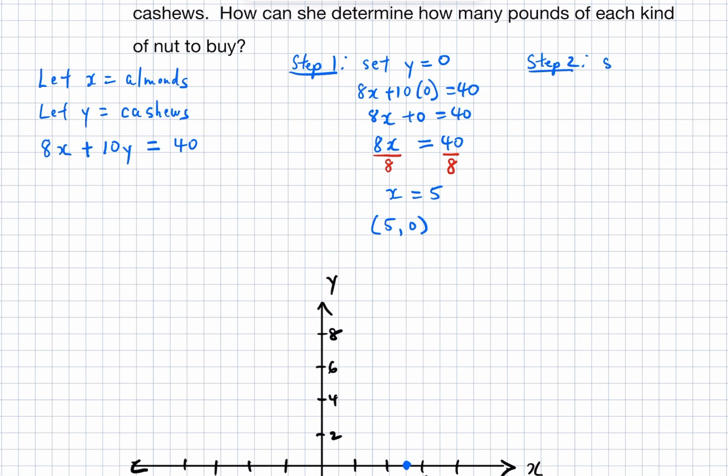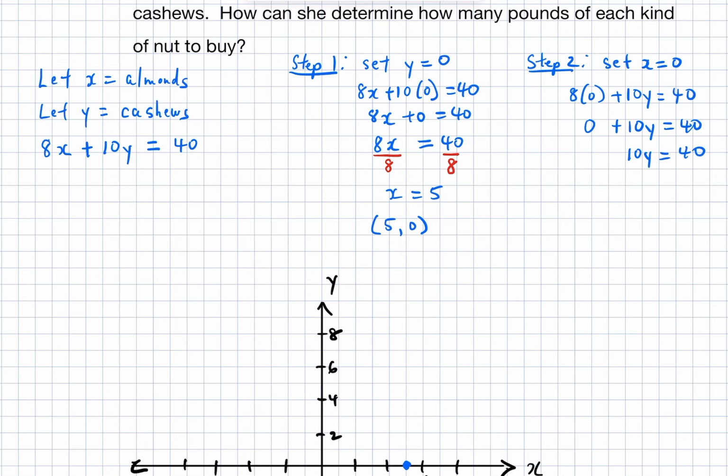We're going to set x equal to 0 this time. And so plugging that into the equation, we get 8 times 0 plus 10y is equal to 40. 8 times 0 is 0. And so we're left with 10y is equal to 40. Okay, we'll drop off the 0.